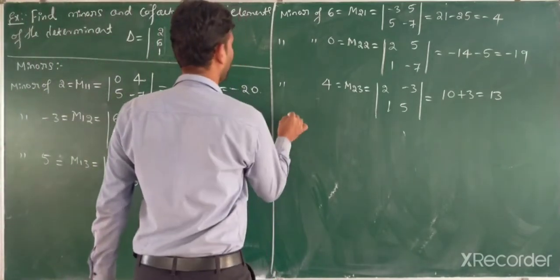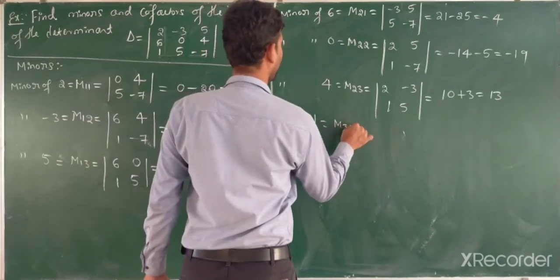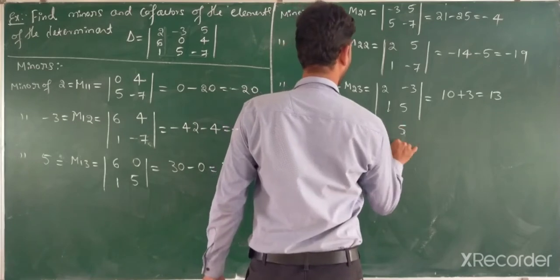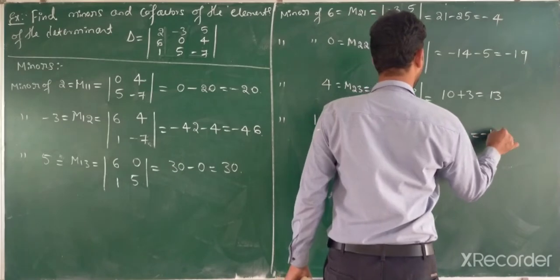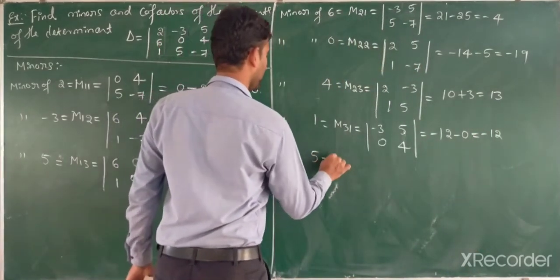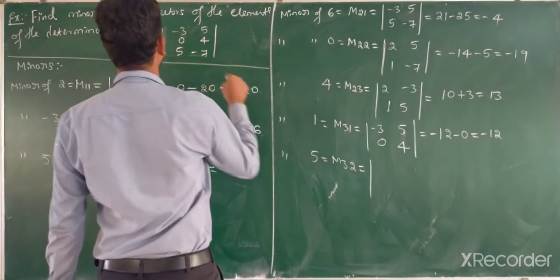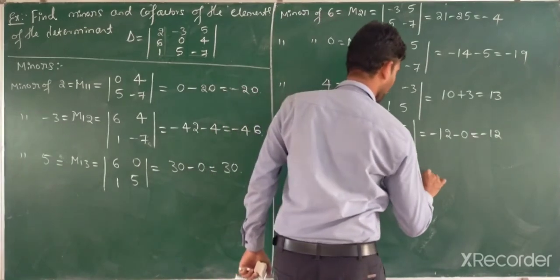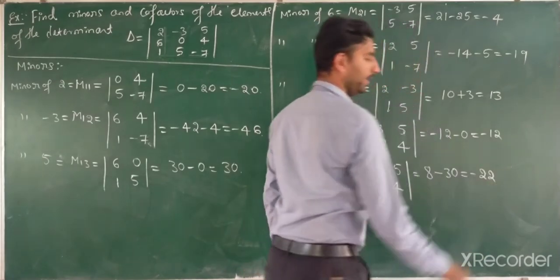After that, minor of 1, which is M31, is nothing but 3 5, 0 4, which is equal to 12. Correct? Minor of 5, M32: 2 5, 6 4, which is 8 minus 30, which is minus 22.